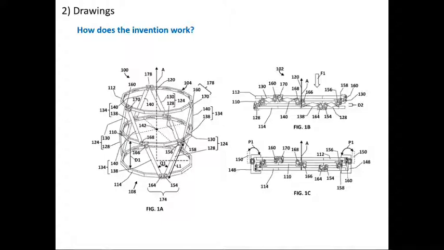So this allows this thing to possibly be launched up into space using a small volume and then deployed out into space where it can take up a larger space. And so figures such as this help the person looking at the patent understand more quickly what the patent is all about.